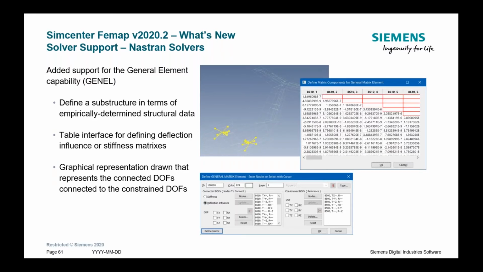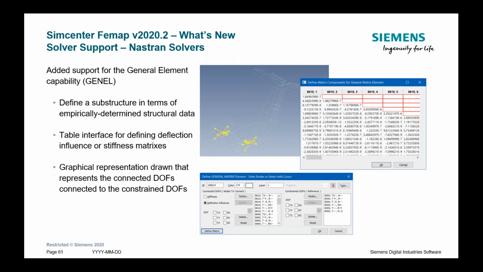One thing that we now support is the Nastran General Matrix element, or GENEL. A lot of times these are in a lot of models, especially older models, or any model where someone wanted to essentially replace an entire component with a stiffness matrix.